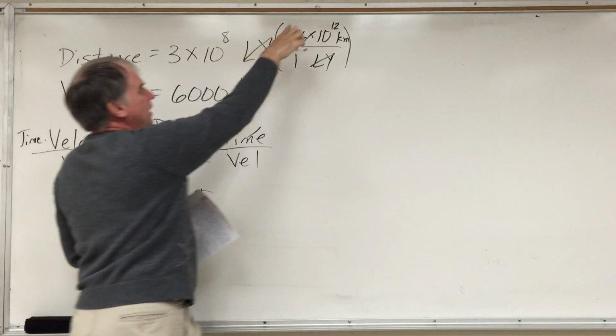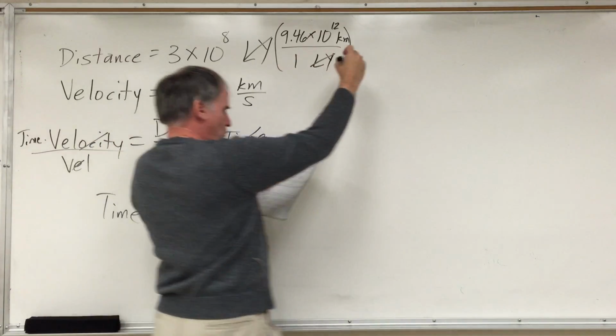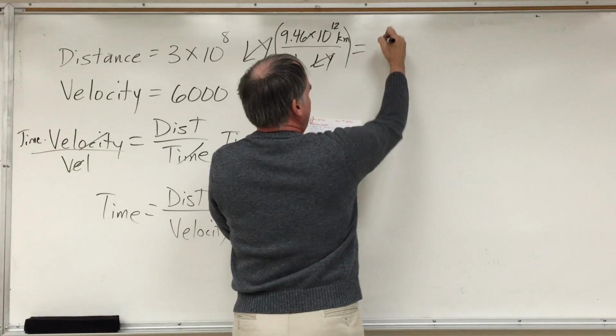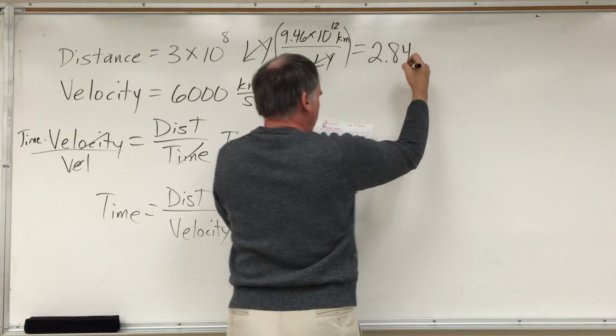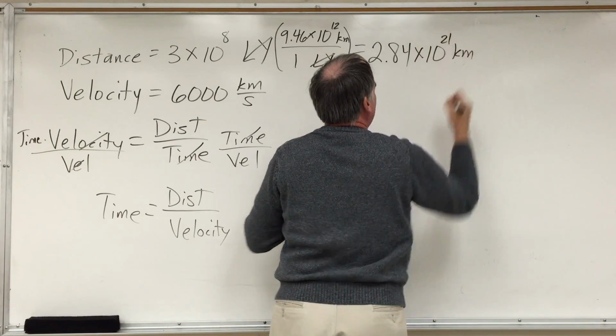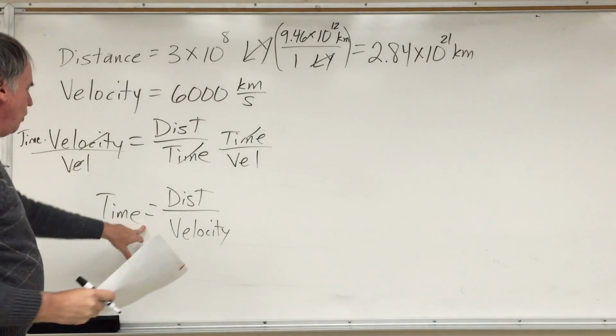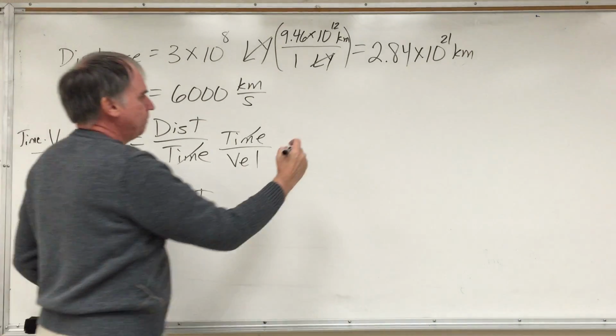So 3 times 10 to the 8th multiplied by 9.46 times 10 to the 12th divided by 1. That is 2.84 times 10 to the 21 kilometers. Now we have all the distances in kilometer units, and we're ready to do our calculation of the time.